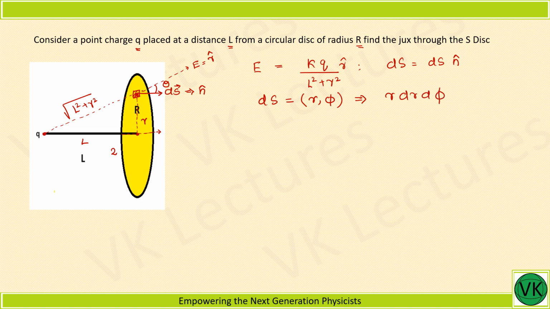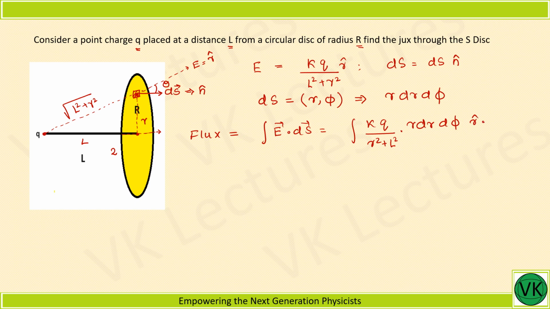And the flux, the total flux in the upper half, will be E bar dot ds bar. So that's equal to integral kq divided by r square plus L square into r dr d phi into r cap dot n cap.